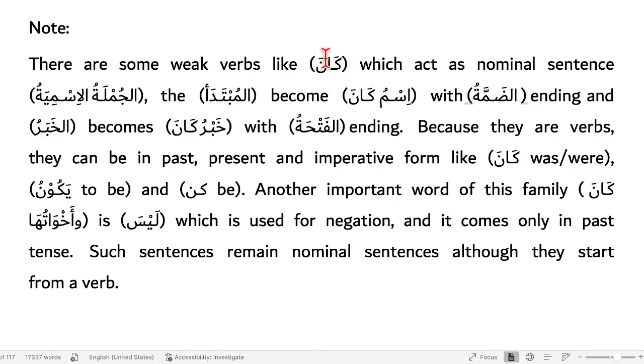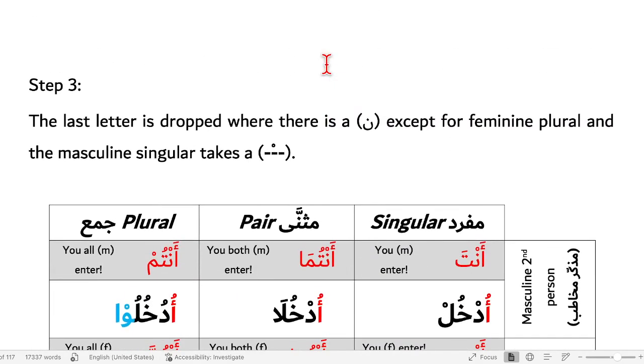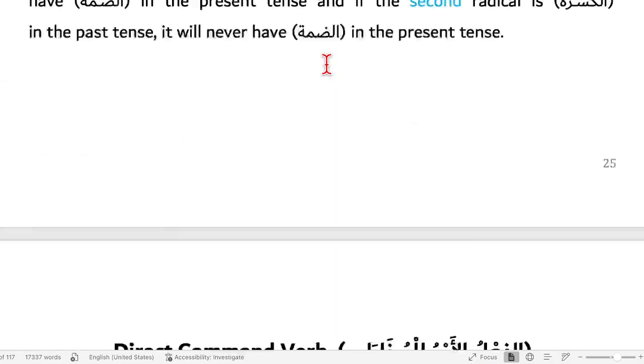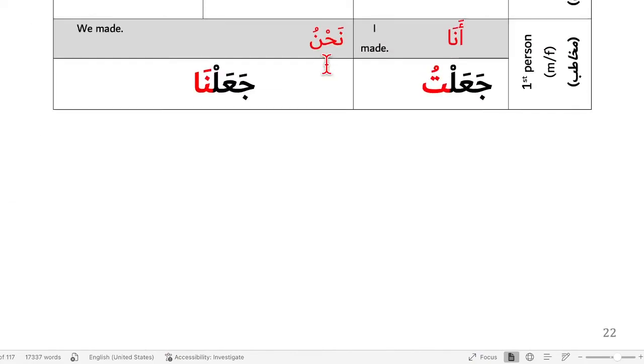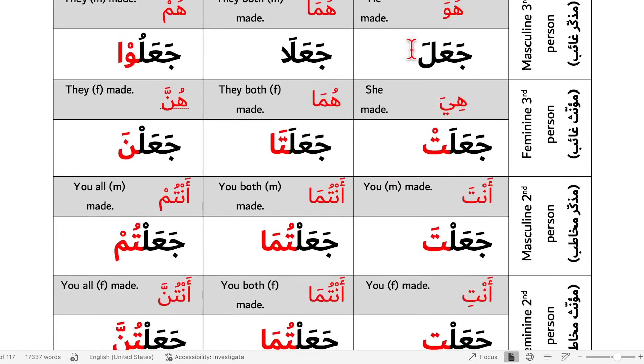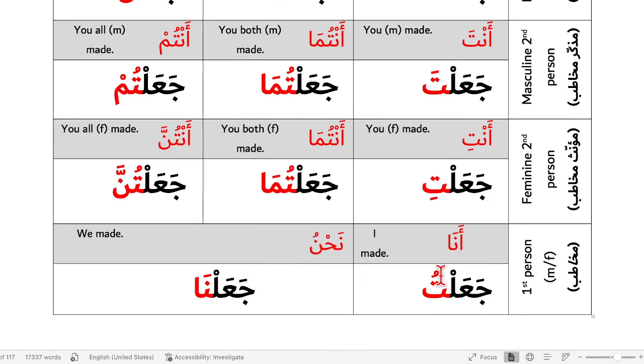If we apply it on the past tense on page 22: kana, kanu, kanat, kanata, kunna, kunta, kuntuma, kuntum, kunti, kuntuma, kuntunna, kuntu, kunna. So you see this is how the formation changes, but it's going to have ismu kana and khabar, that is, mubtada and khabar.